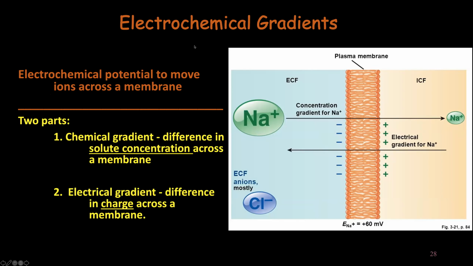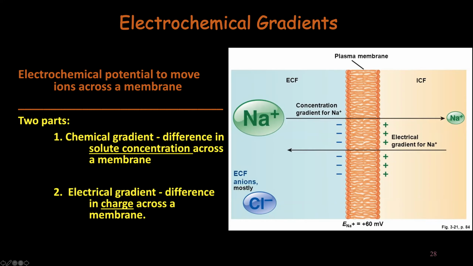Okay, one other point I want to make is that membranes, in addition to the concentrations of ions, usually separate charges. One side of the membrane is usually more positive, and the opposite side of the membrane is usually more negative.